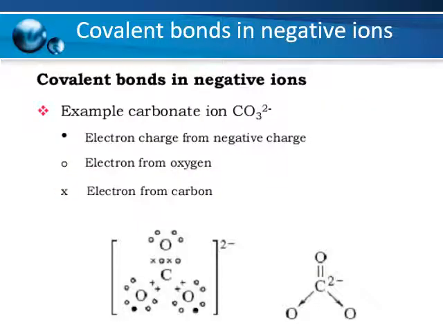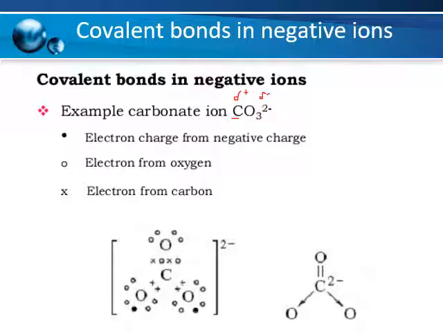Covalent bond in negative ion. For example, we have carbonate, CO3 2 minus. The negative charge comes from electrons, like electrons from oxygen or from carbon. So you have to know which one will be the center. Normally the one that is electropositive will sit in the center. So this is electropositive, you can look at the book, and this will be electronegative for oxygen.